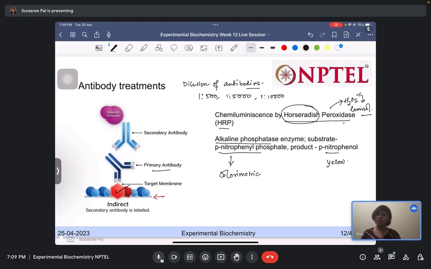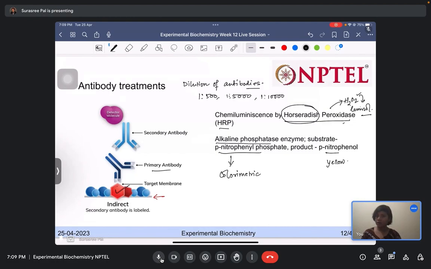Another reason can be that the experiment has not worked, and this can result from various reasons, for example, if the enzyme which is conjugated with the secondary antibody is not functional. Suppose this antibody is old, it's not fresh, and because of that the enzyme might not be functional.